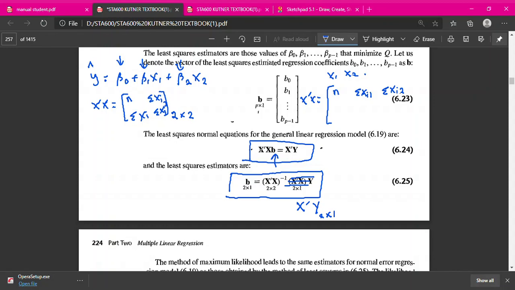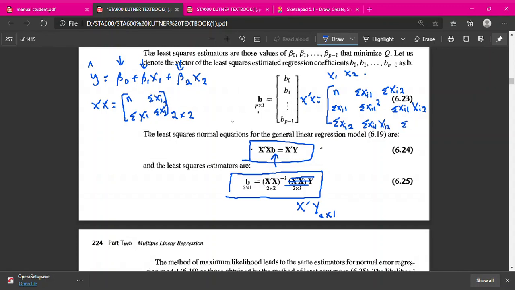Di sini summation xi1. Di sini summation xi1 square. Di sini summation of xi1 multiply xi2. Okay, here summation of xi2. Di sini summation of xi1 multiply xi2.